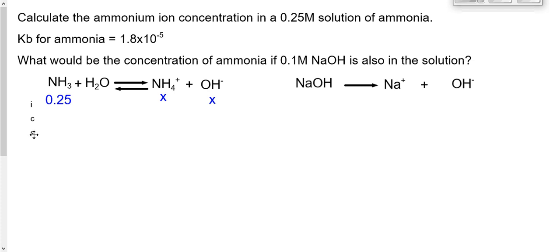We know we're going to have a change and an effect of those changes because this is a common ion question. I have two different salts that have an ion in common. In this case, both salts contain hydroxide. Whenever you have a situation with two different compounds that have an ion in common, you're going to need to do an ICE chart and do some calculations.